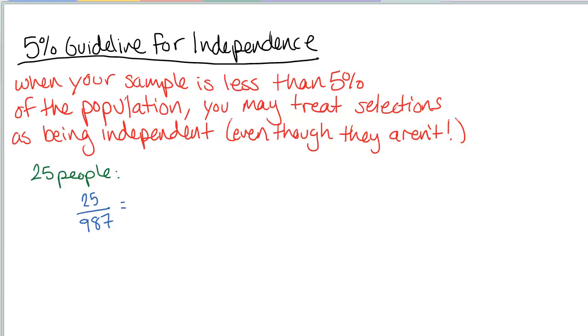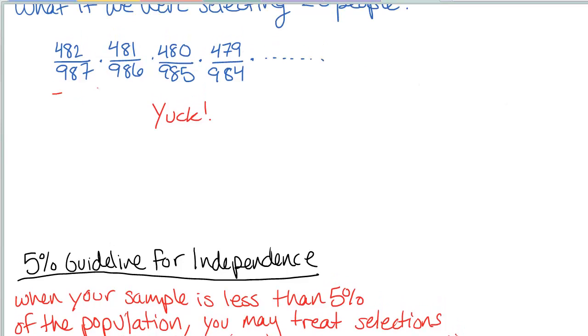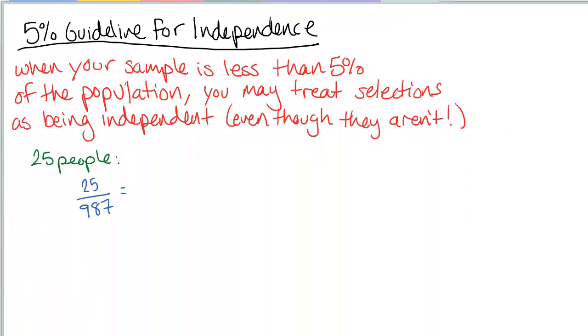Even though we're pulling out without replacement, we can just assume that since the probability is changing by so little, right, the difference between, for example, 482 out of 987 and 481 out of 986 is very small. So in these cases where our group is small enough, we don't have to worry about affecting the probability every time. We can just assume independence.